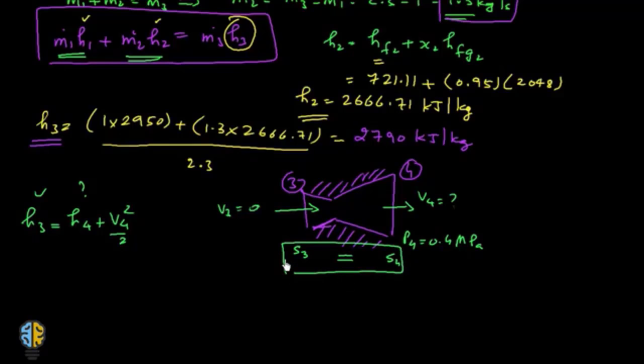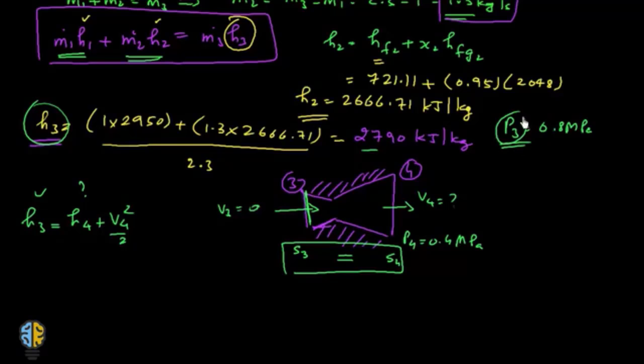You can find out the value of entropy at state 3. At state 3, you know the enthalpy, which is 2790. If you interpolate a bit, the pressure at state 3 is 0.8 megapascal. So the pressure is not decreasing or increasing.